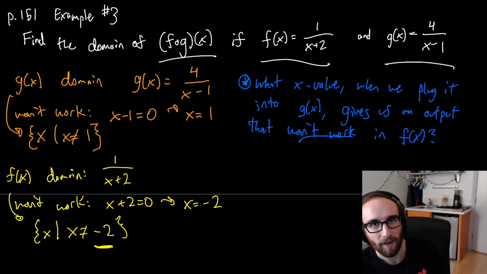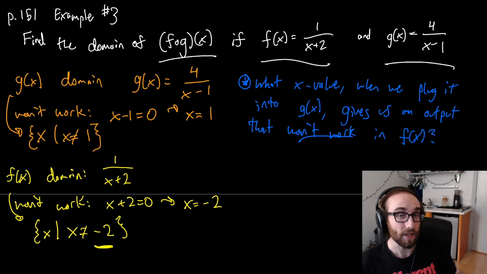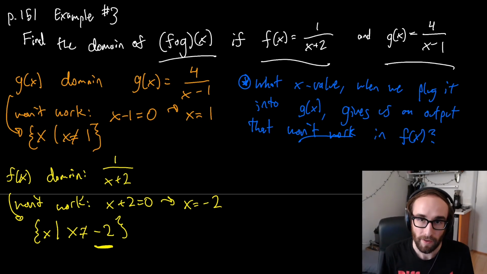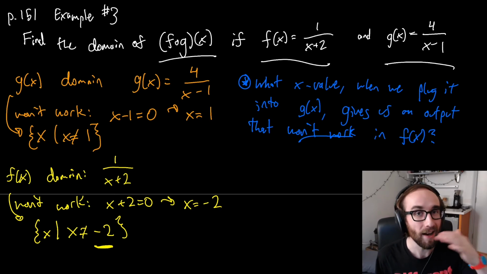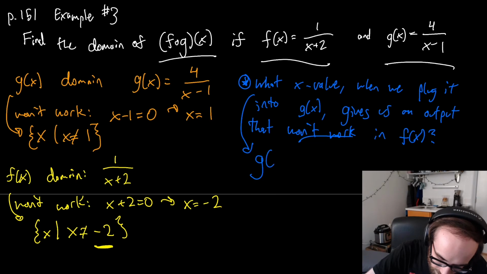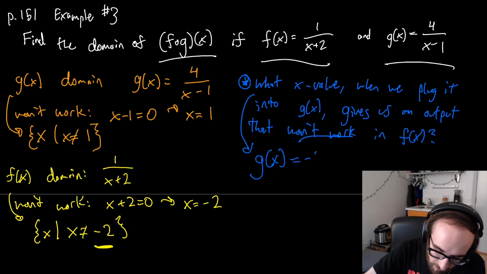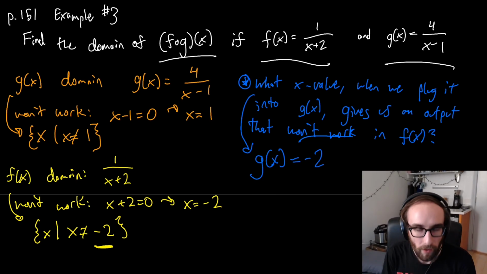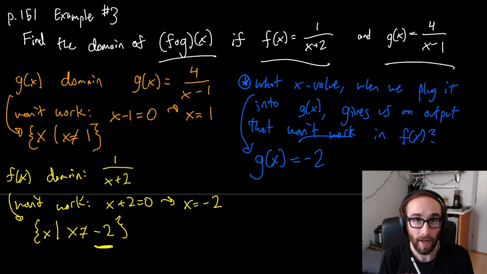So what x value is not going to work out, because even though we can plug it into g of x, the output is not in our domain of f of x. In other words, what x value, when we plug it into g of x, will give us negative 2. And whatever x value that is, that's not in our domain of the composite function, because our output isn't something we can plug into f.